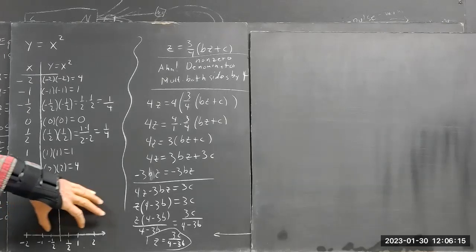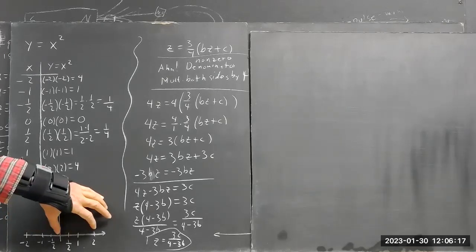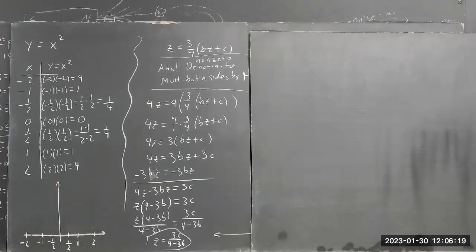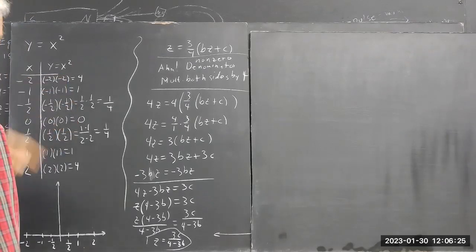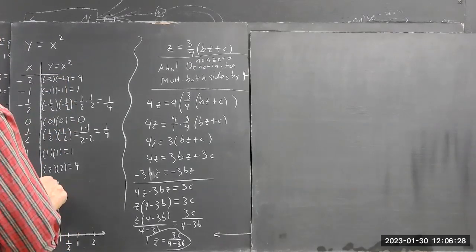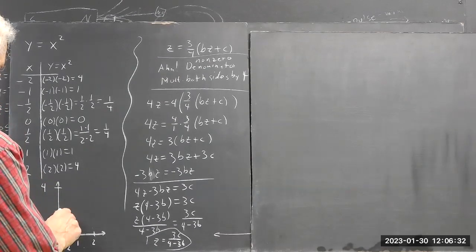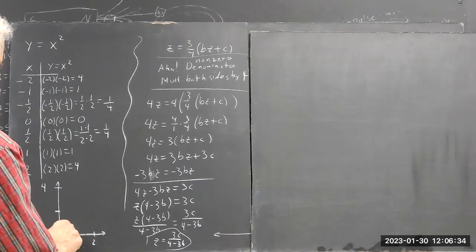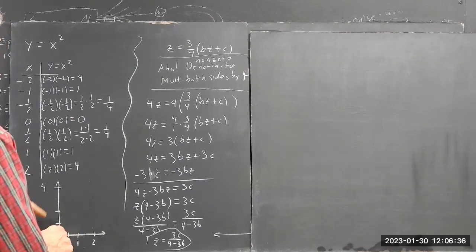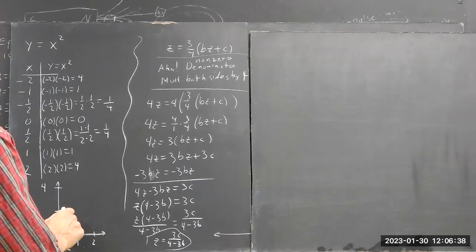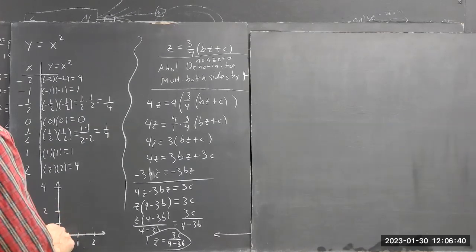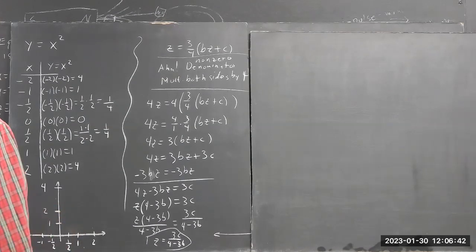Then I've got a pretty good scale. Let's see. Yeah, this 2 is a little bigger than this 2, but not much. So it's going to give us a pretty true graph. Then I see that my y values go from 0 to 4. So I divide that in half, which is a little hard because I'm looking at it from that angle. So I get 2 here. I get 1 here.